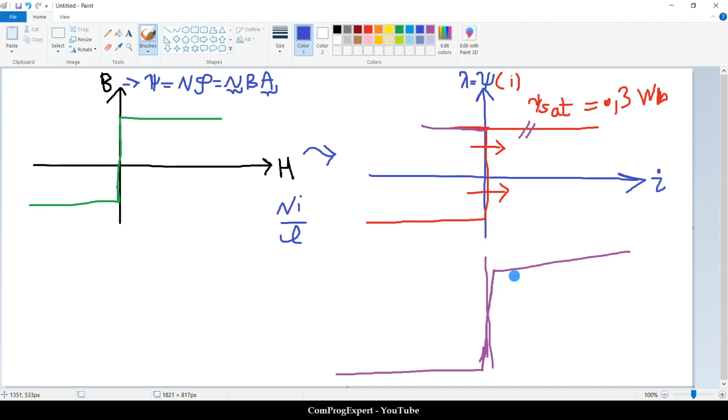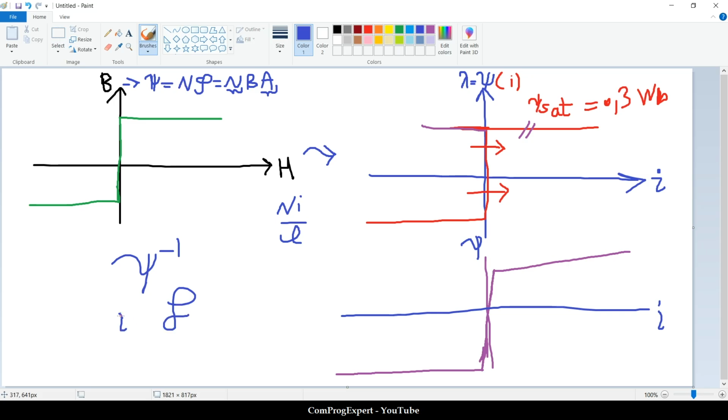Otherwise, we cannot simulate this complex behavior in the software. So I'm going to consider this waveform for the psi versus I, and then we can calculate psi inverse, or actually this function, I as a function of psi.